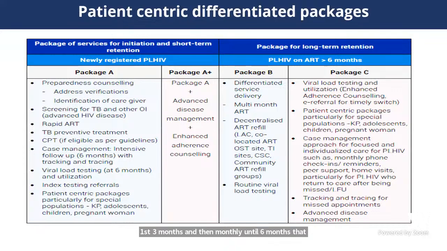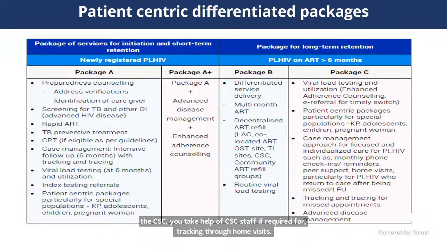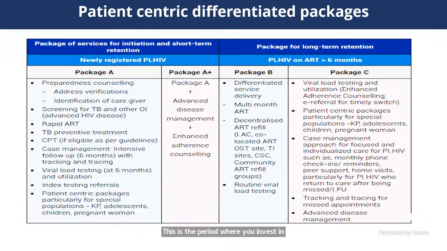That means you need to have a correct phone number. And you take help of CSC staff if required for tracking through home visits. This is the period where you invest in home tracking if they are not connected through phone. Later on, after 1 year, after 28 days, if you do that, you will not have much yield on those home visits.